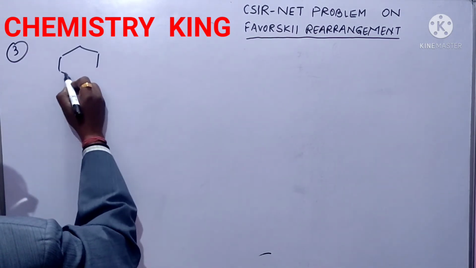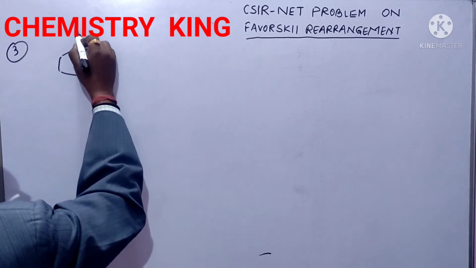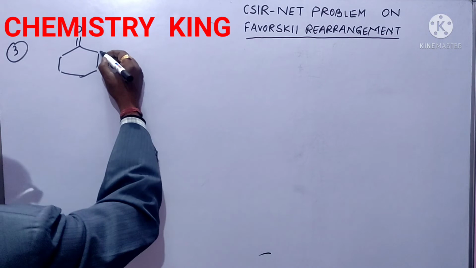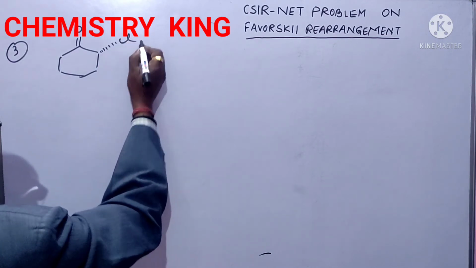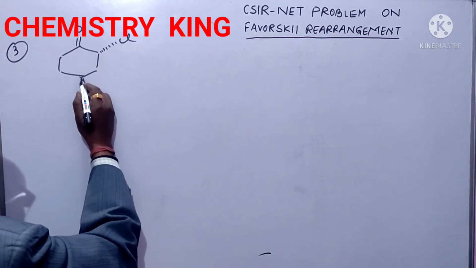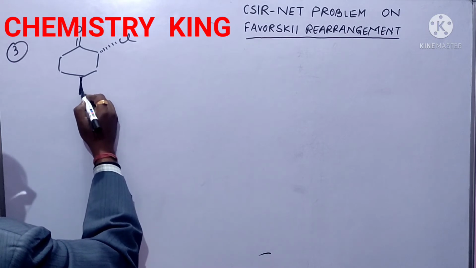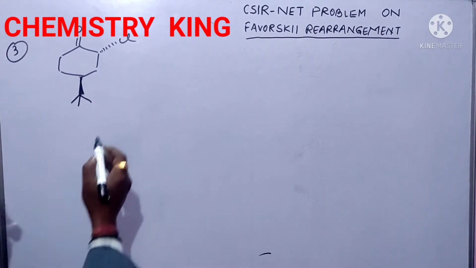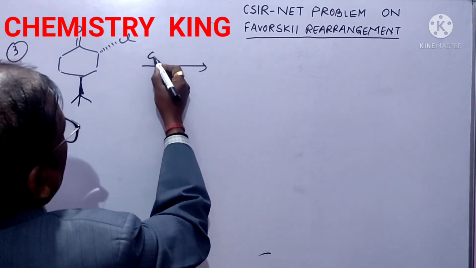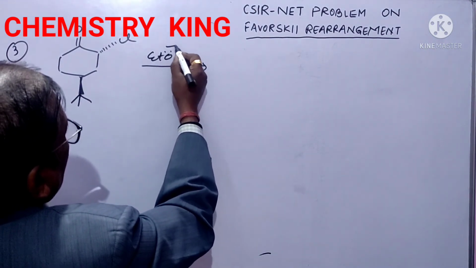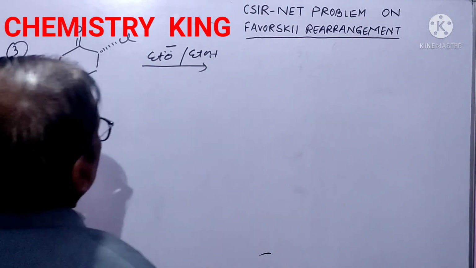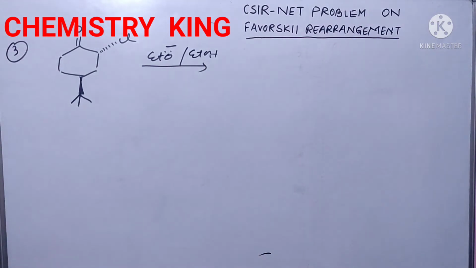It is a hexagon, cyclohexanone. It is chloro 1, 2, 3. It is a tertiary butyl group. And it is allowed to react with sodium methoxide in the presence of ethanol. Okay?